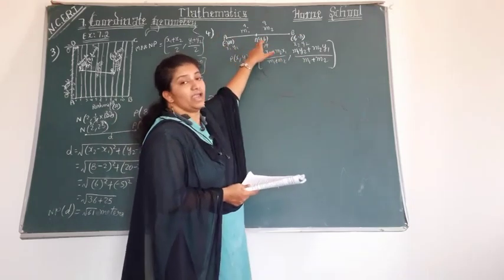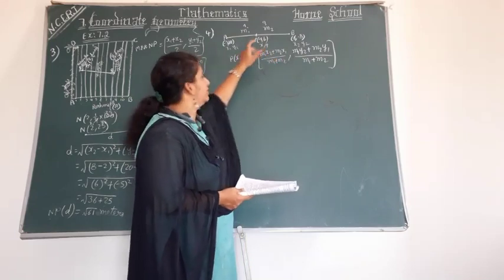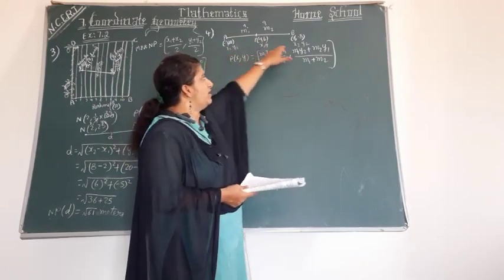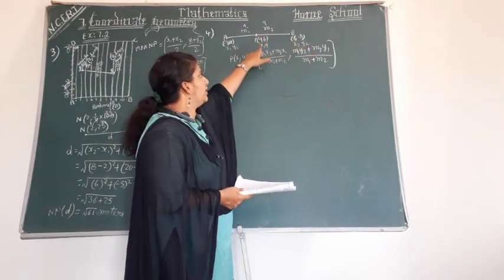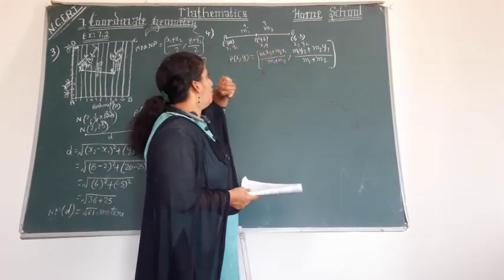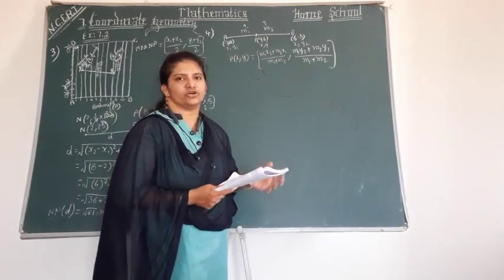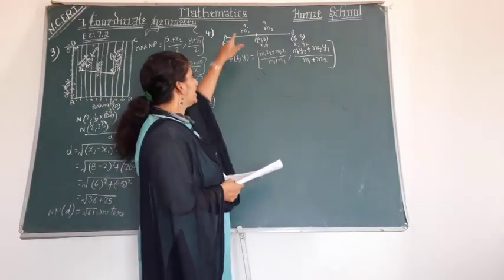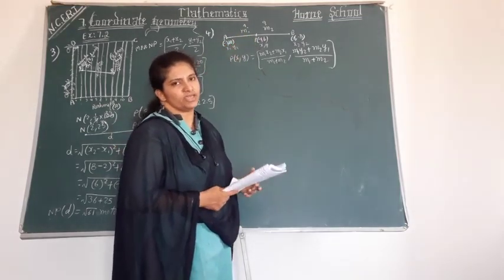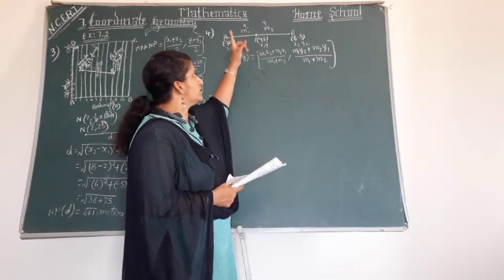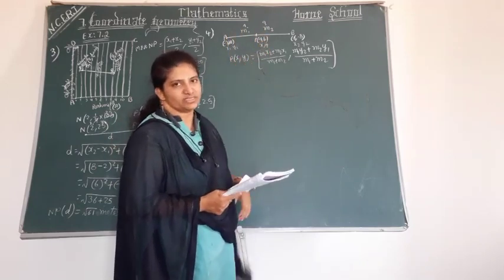So that is the P coordinate. So your x1, y1, x2, y2, and P coordinate is x, y. In what ratio is your question? What is your ratio? M1 is to M2.